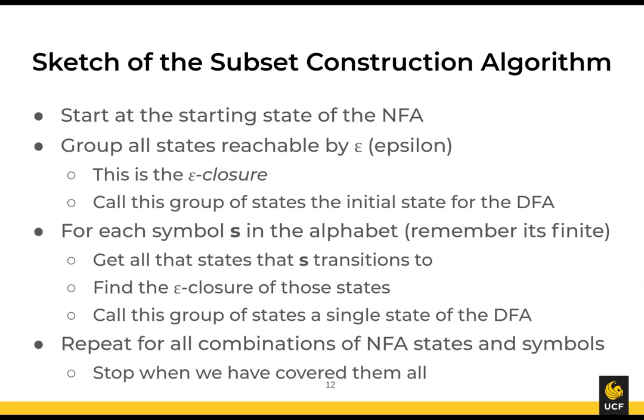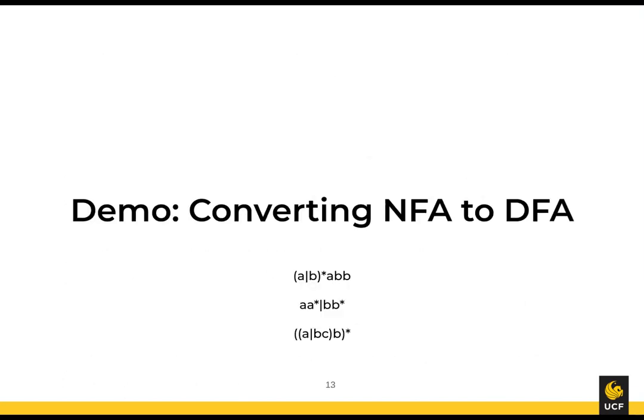Then we take all the new states that we looked at, and we do this again. We look at every symbol in the alphabet and see all the possible next states we can reach from that. And you just do this over and over until you've touched all of your states and symbols. So it's a pretty tedious algorithm to work through, but it's kind of cool the way it works and the way you can actually implement it in an algorithm.